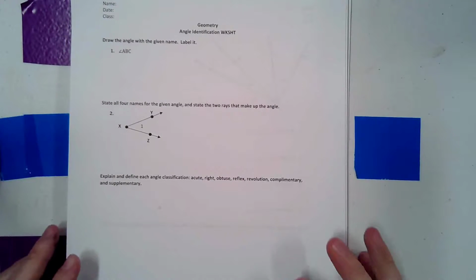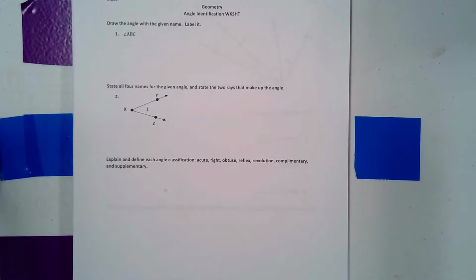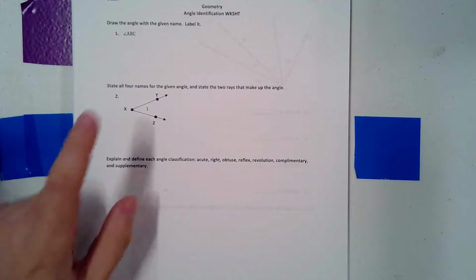Number 2, like the actual number 2? Okay. State all 4 names for the given angle. And then state the 2 rays. Don't forget that either. So one of the rays is ray XY, right? There are 4 ways to name this angle. Look in your notes if you're confused. I'm trying to give you a hint without just giving you the answer, and it's hard. So look at the example in there. Should be page 1.